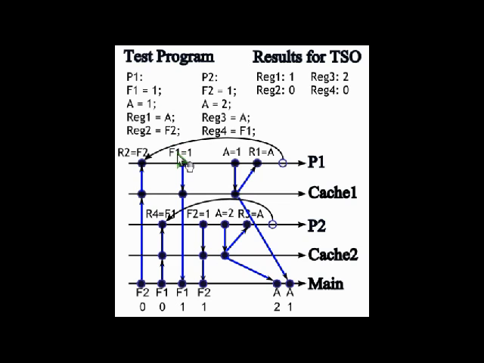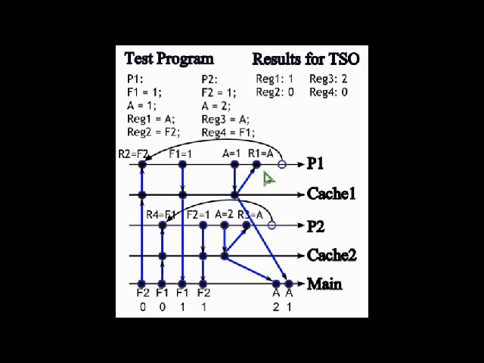Here's F1 equals 1, followed by A equals 1, R1 equals A, and then you would have register 2 equals F2, but TSO has allowed it to be reordered. And R2 equals F2 ends up out here way in front. So that's one feature, this reordering.